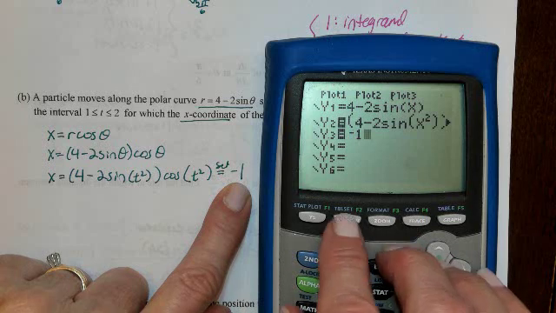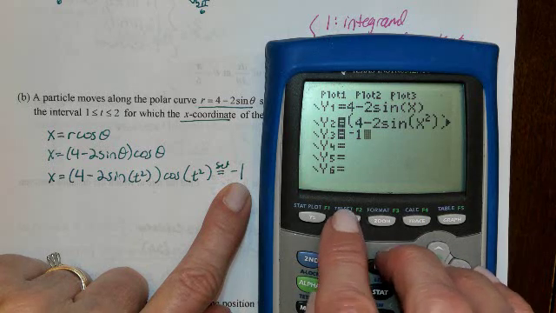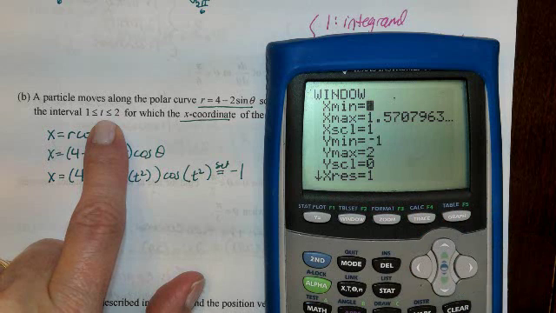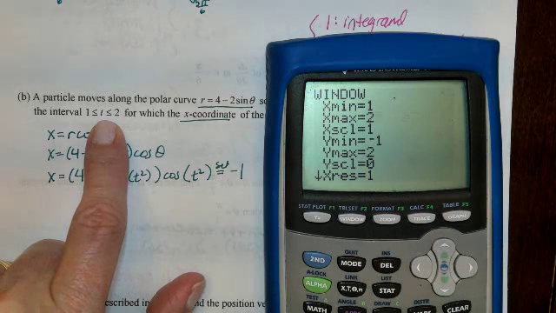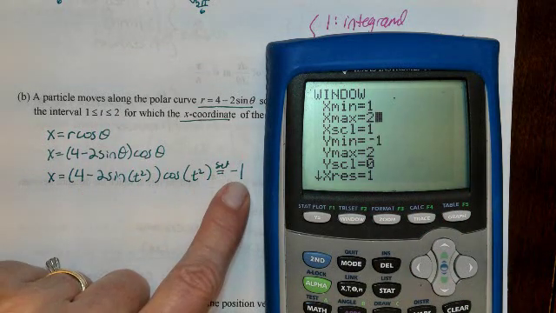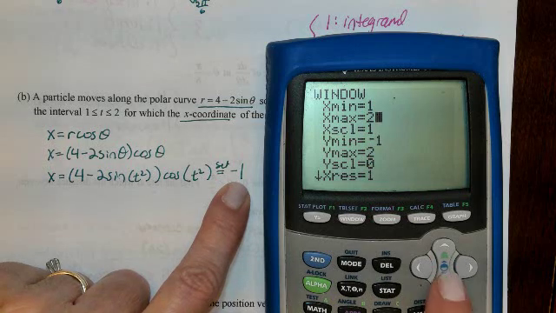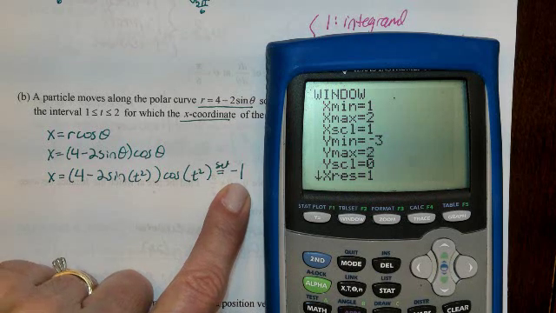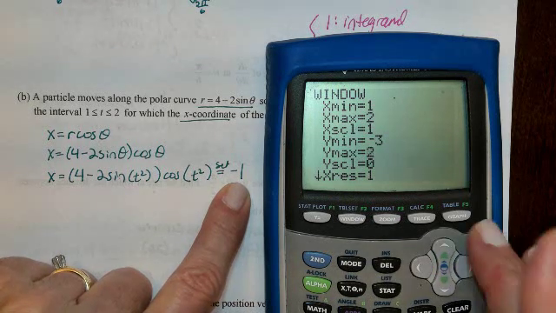And for my window, I know that t is between 1 and 2, so that's all I want to see, 1 and 2. For my y, I just need to include -1. I think I'm going to go from maybe -3 to 2, that'll include -1. Okay?